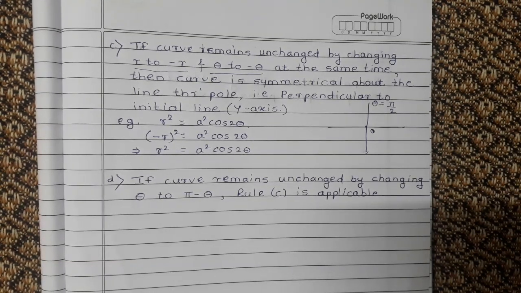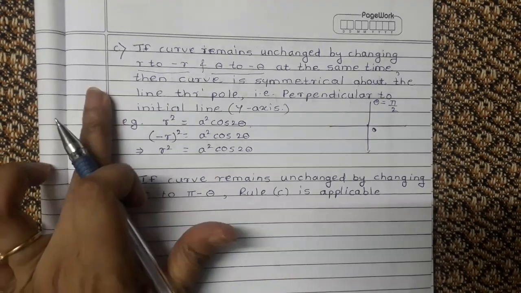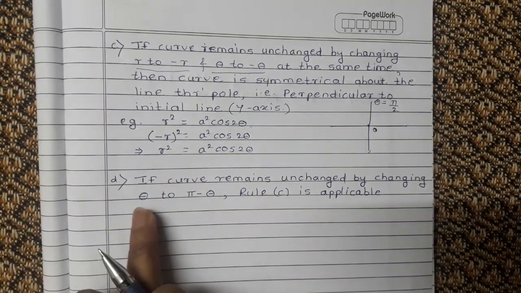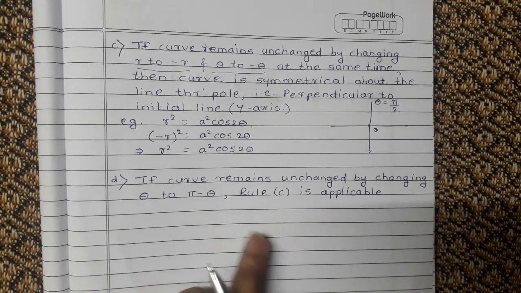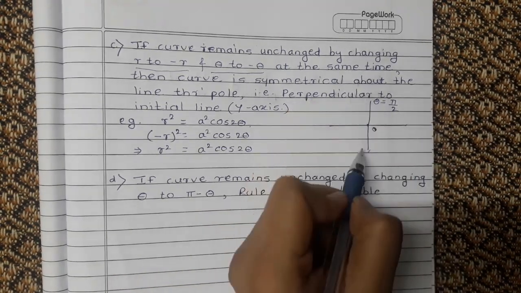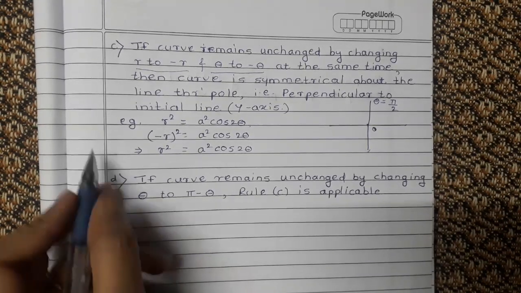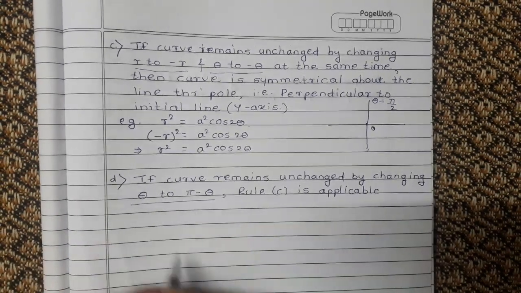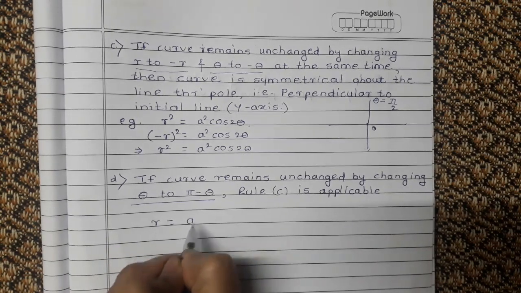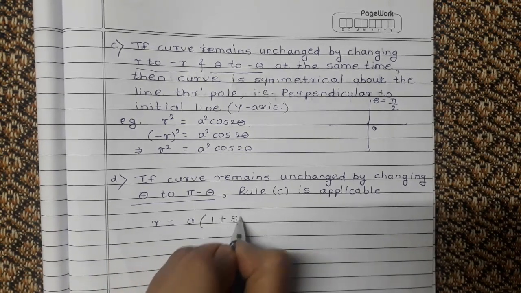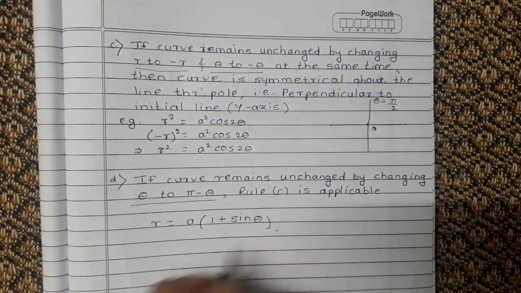Now similarly you can check the rule. The same rule will also work when you change theta to pi minus theta, then also it is symmetric about the y-axis, right? So when to use this: when the given equation contains only sine theta, in that case this is going to work, right?